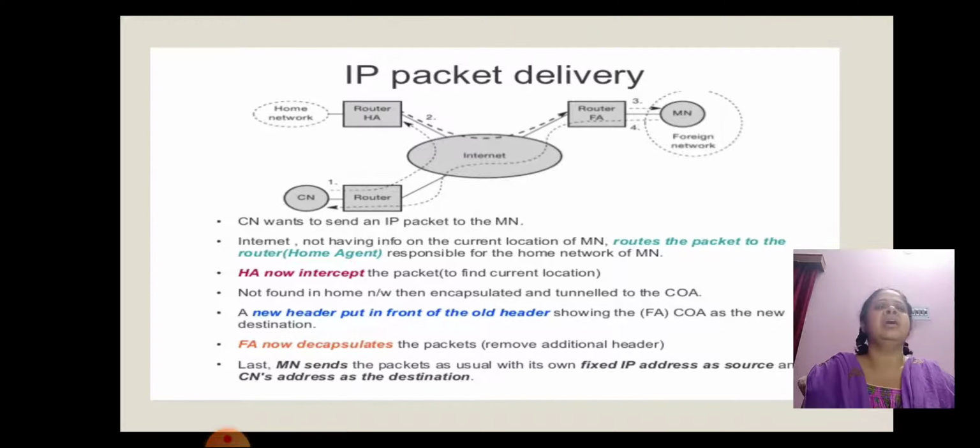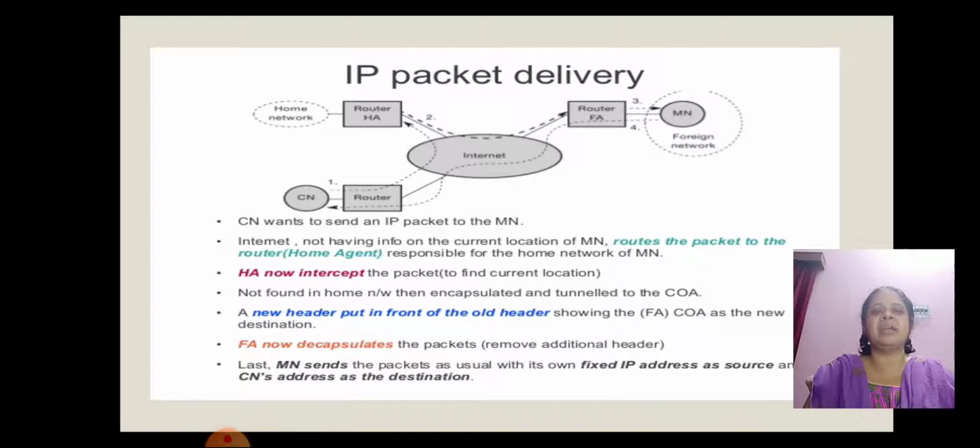Defined in Request for Comments 2002, mobile IP is an enhancement of Internet Protocol that adds mechanisms for forwarding Internet traffic to mobile devices when they are connecting through other than their home network.